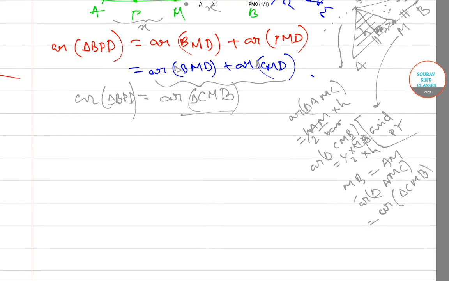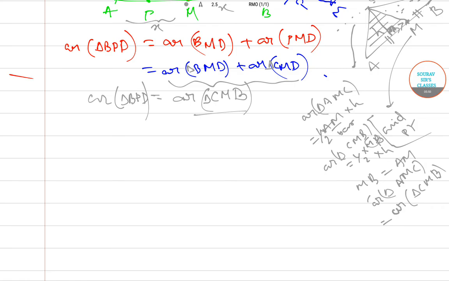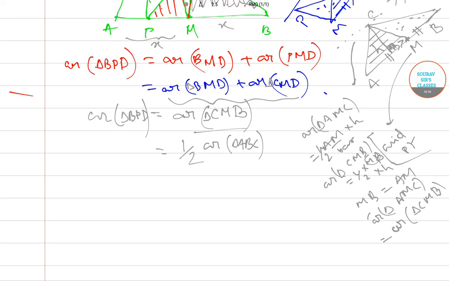Hence, the area of triangle CMB will be half of the area of triangle ABC, since both these triangles, AMC and CMB, construct triangle ABC together.